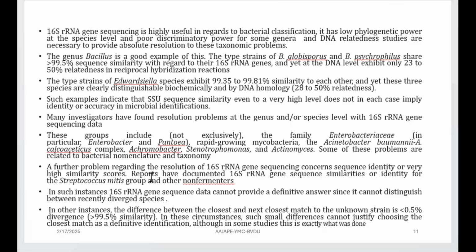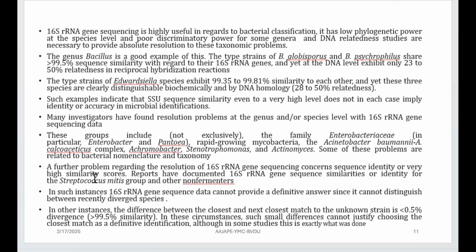A further problem regarding resolution of 16S rRNA gene sequencing is concerned with identity or very high similarity scores. Reports have documented 16S rRNA gene sequence similarities or identity for Streptococcus mitis and the other non-fermenters.